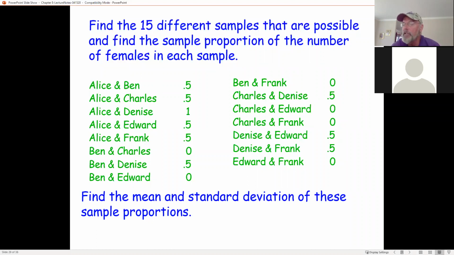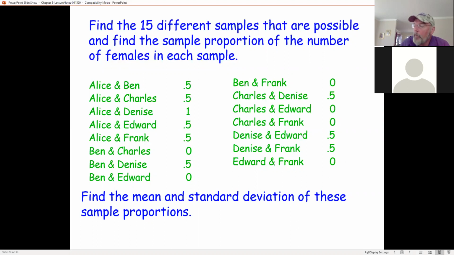And what I'm emphasizing here is that a sample mean is X bar, and a sample proportion is going to be P hat. So the mean and the standard deviation of the sample proportions. So we're taking the mean of all 15 of these values, right?